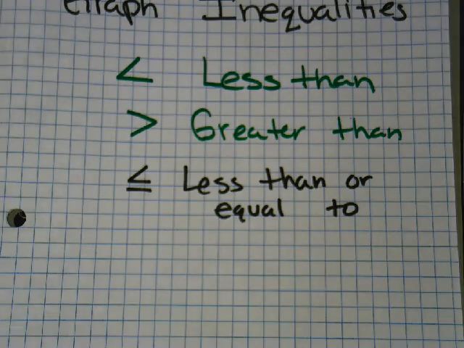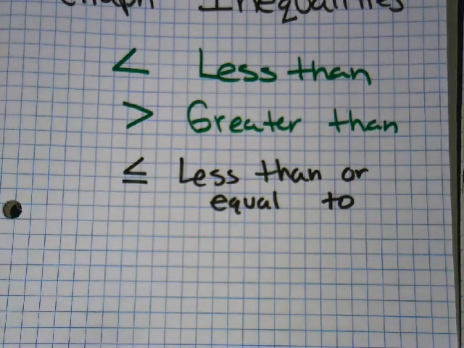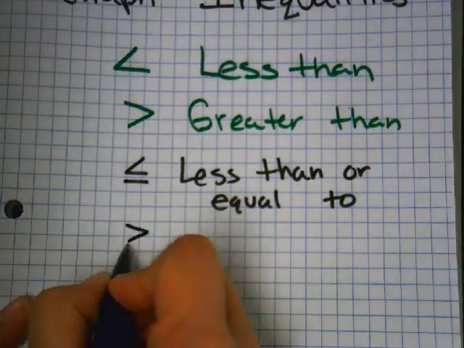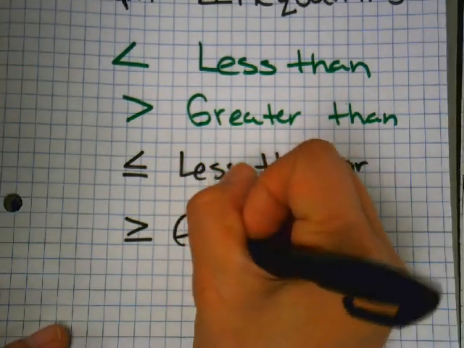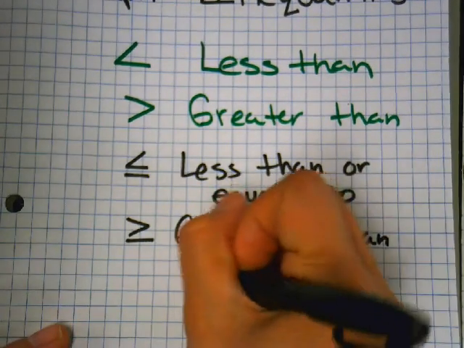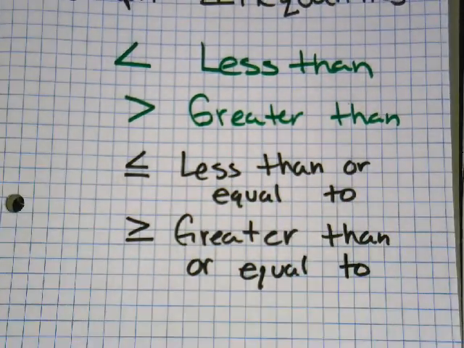All right, what do you think the last one's going to be called? Greater than or equal to? Yeah, I didn't even write it down, Dylan. You already give me the answer. So this one, that symbol, is called greater than or equal to. Write that down, please. Everybody write that down.